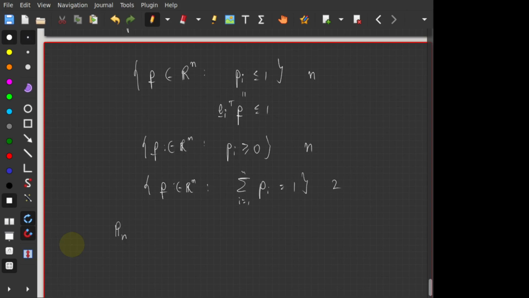Questions? So each of these is a half space. For every i, the set of all vectors p for which pi is greater than or equal to 0 is also a half space.